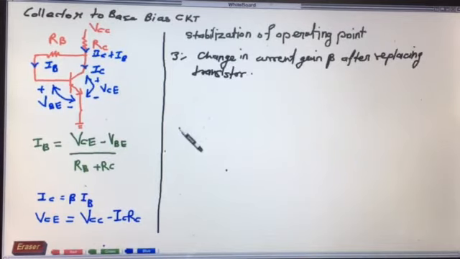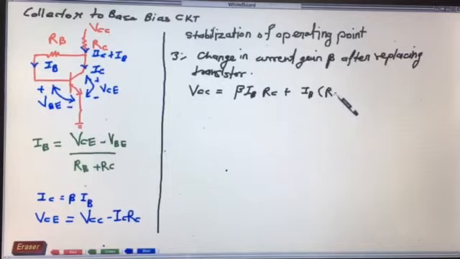In this case we know that VCC will be equal to beta times IB times RC plus IB times (RB plus RC) plus VBE, where IC is replaced with beta IB.